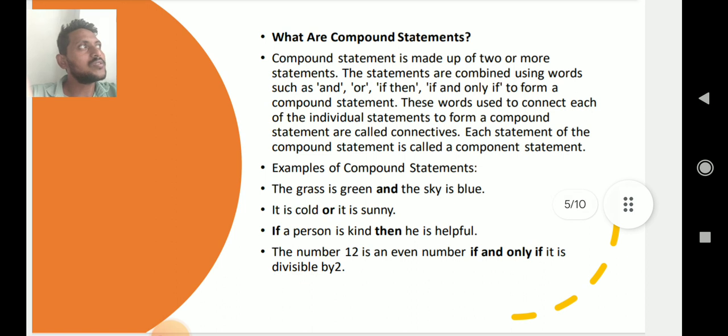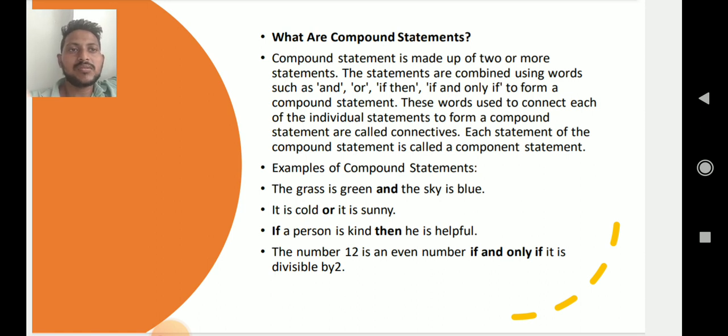What are compound statements? A compound statement is made up of two or more statements. The statements are combined using words such as and, or, if then, if and only if to form a compound statement.